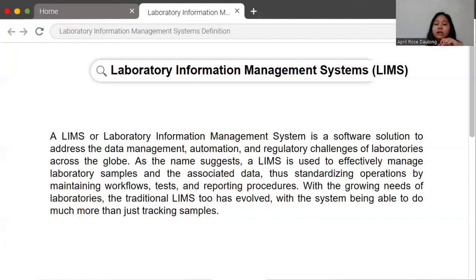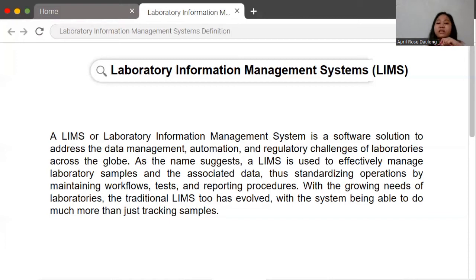So, as what I've said, the system is able to do much more than just tracking samples. So it's not just about tracking samples or workflow management, but also maka-benefits po siya about mga documentation, sa instrumentation, reporting and certificates, and the quotation and invoicing, and many more.